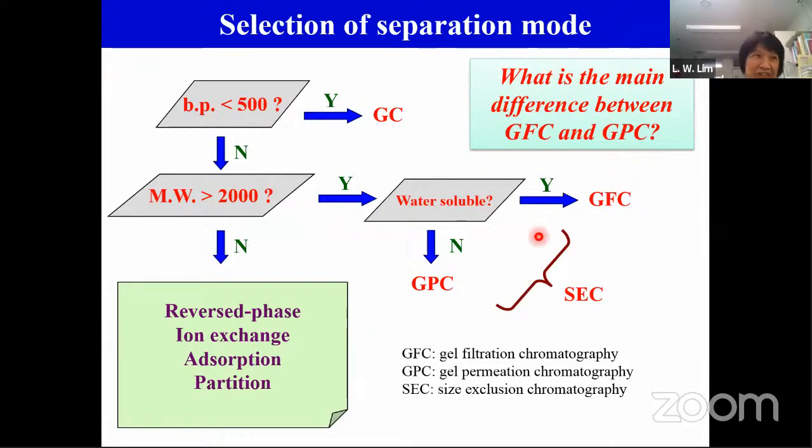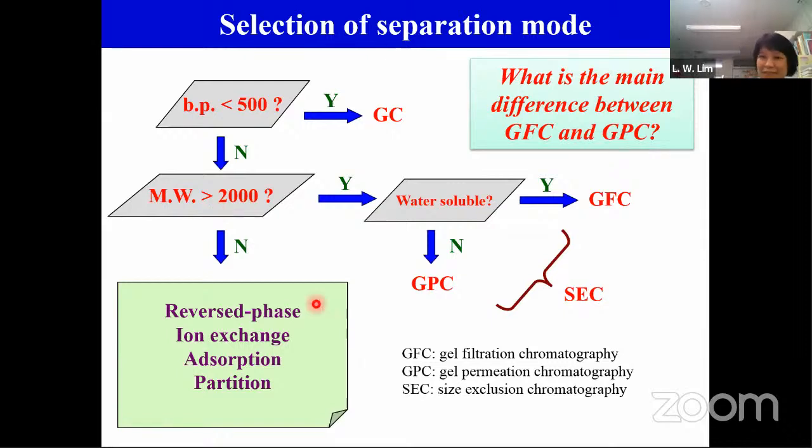In chromatography, the main thing is the column. Another main thing is the mobile phase. If you look at here, water soluble, so it must be related to the liquid.